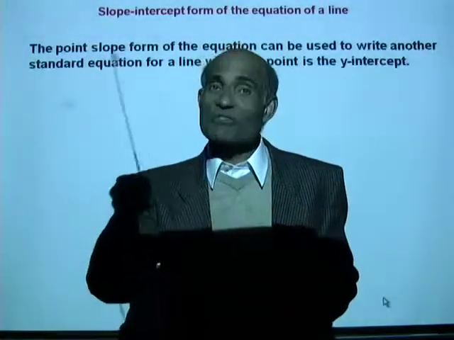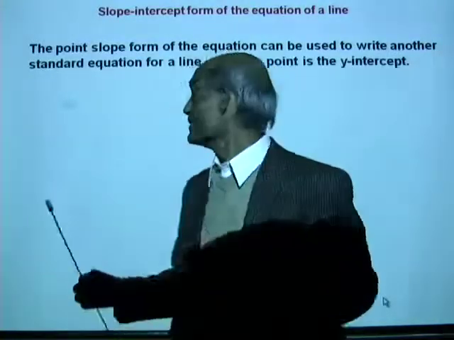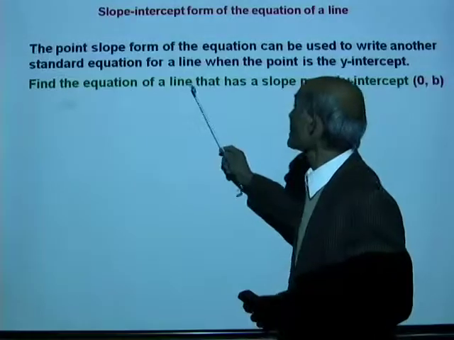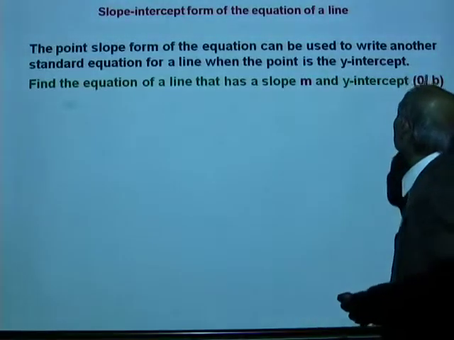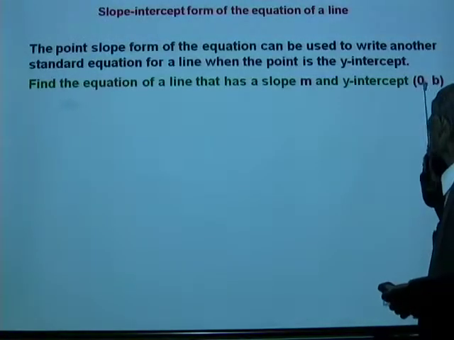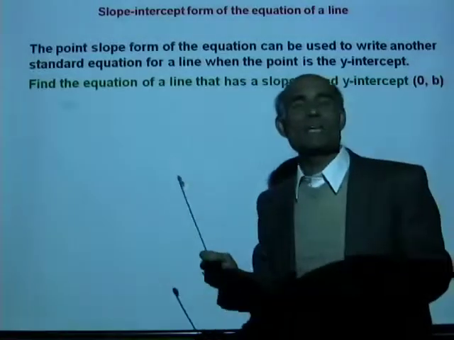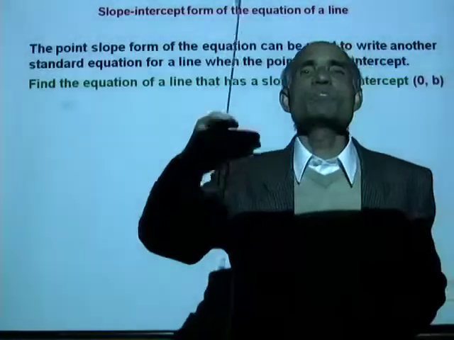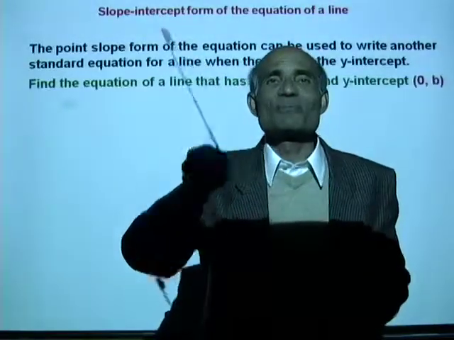At the y-intercept, x equal to 0. Is that right? Yes. So find the equation of a line that has slope m and y-intercept 0, b. In other words, x equal to 0, y equal to b. B can be any number. B equal to 2 means that is where the line cuts the y-axis.